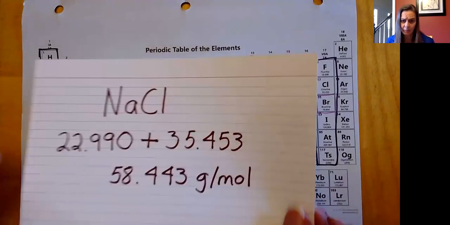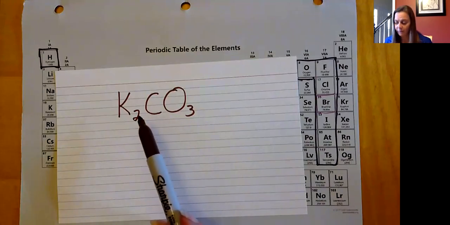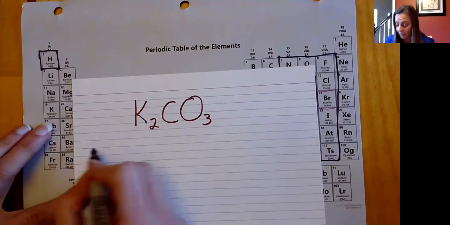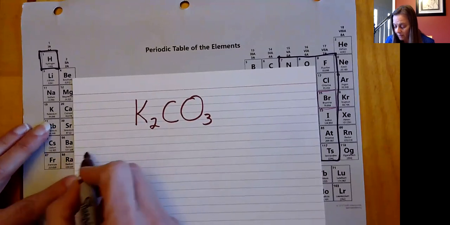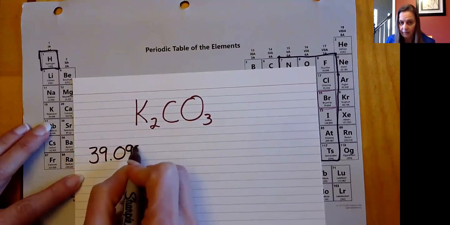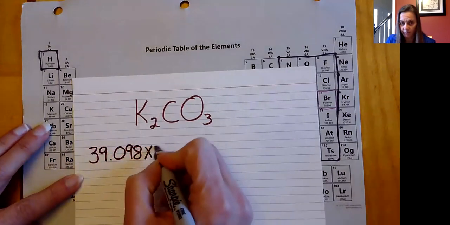So last example, we're going to take a look at potassium carbonate. So when we look at potassium carbonate, we're going to add up the masses of all of the component elements. So we're going to look at the mass of potassium, and potassium is 39.098. But we have 2 of those, so we're going to multiply that by 2.